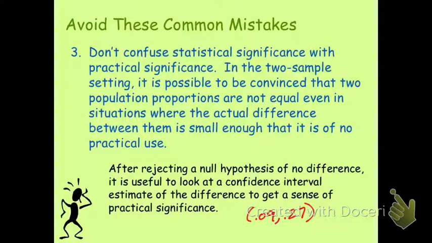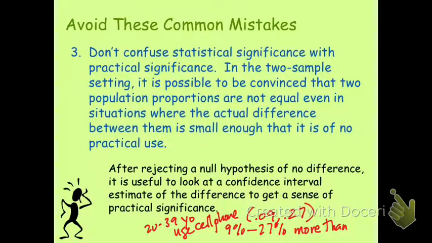Interpreting that practically, I would say that 20 to 39-year-olds use their cell phone anywhere between 9% to 27% more than 40 to 49-year-olds. That's another way to interpret a confidence interval. So not only did I find that there was a difference, but with the confidence interval I was able to show it was a 9 to 27% difference.